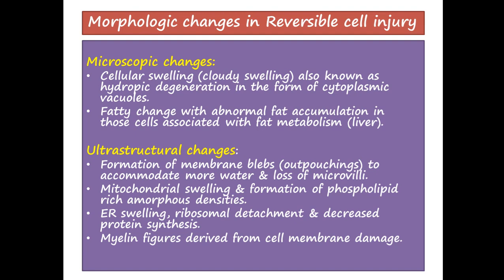You know that when the cells are deprived of oxygen or blood, the mitochondria, which are the powerhouse of the cell and where ATP is generated by oxidative phosphorylation or aerobic glycolysis, are affected. This ATP is needed by the cell for many energy dependent functions. So when there is no ATP, the sodium potassium ATPase pump in the cell plasma membrane, which keeps sodium outside the cell and potassium inside the cell, is affected.